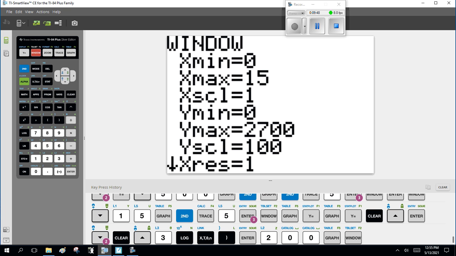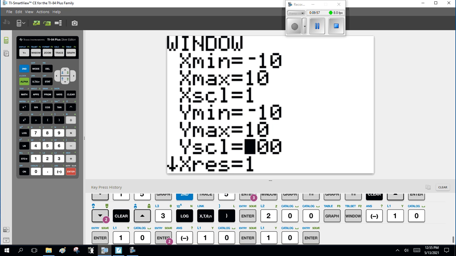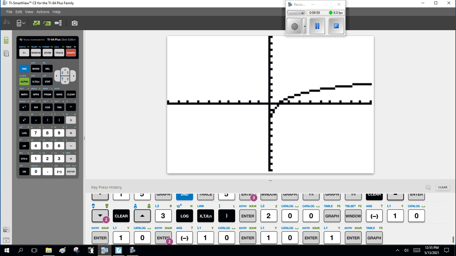Now, what about my windows? Okay, well, the problem is I screwed up my windows. Negative 10 to 10. Reset your windows. Always, please, ladies and gentlemen. And there we go. So there is my log function. Where is my other line? 200.